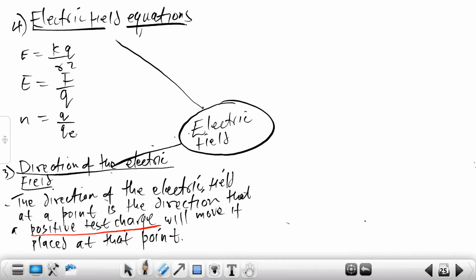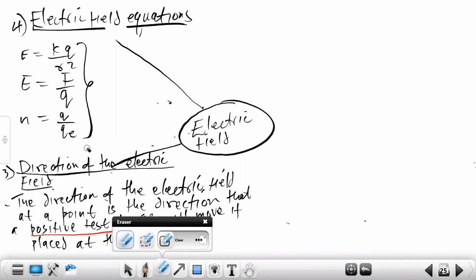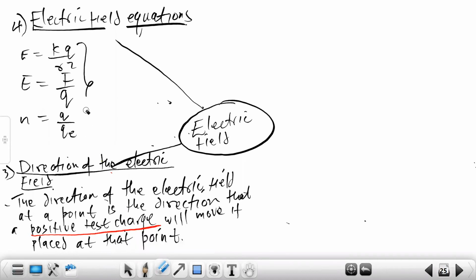But what does it mean in terms of the SI unit? Regardless of which equation I am focusing on, the SI unit will remain Newton per Coulomb.